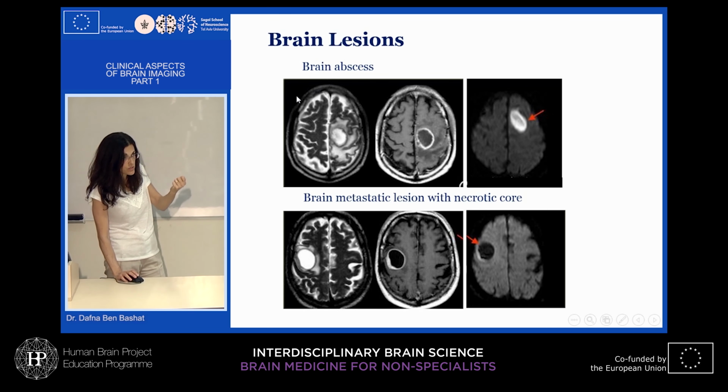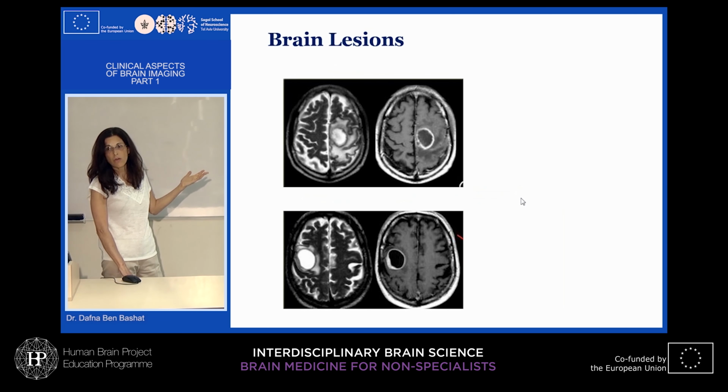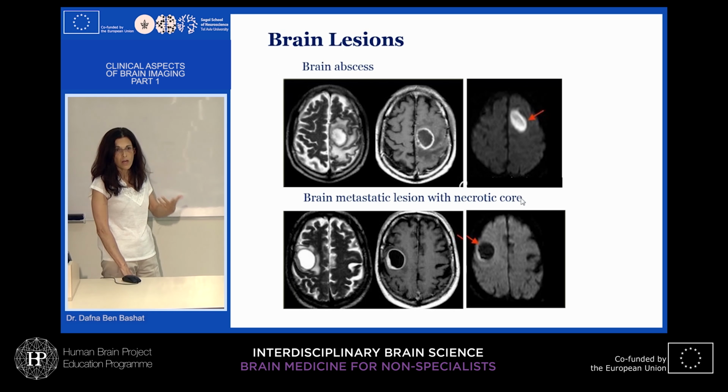Okay, inflammation, just a process within. And this is free diffusion, meaning it's a necrotic area, meaning this is a brain metastasis lesion with a necrotic core. So if we just have a look at this by conventional imaging, we cannot make the diagnosis. Just by adding the diffusion, now we can make this diagnosis.